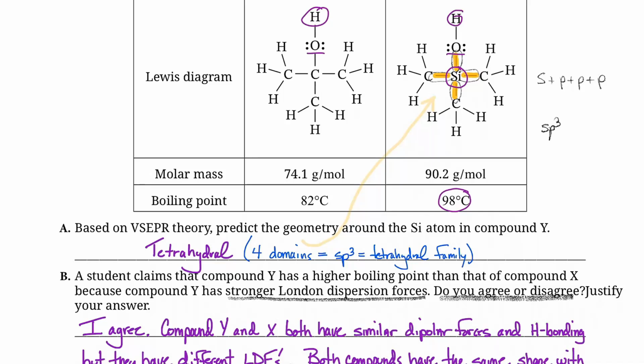So what I would clearly say is that the H bonding ability or opportunity is the same, and so is the strength of the dipolar forces. They look about the same asymmetry, so I would think dipolar forces and their H bonding are similar. Therefore, this does open the door for the LDF forces to be the difference here.